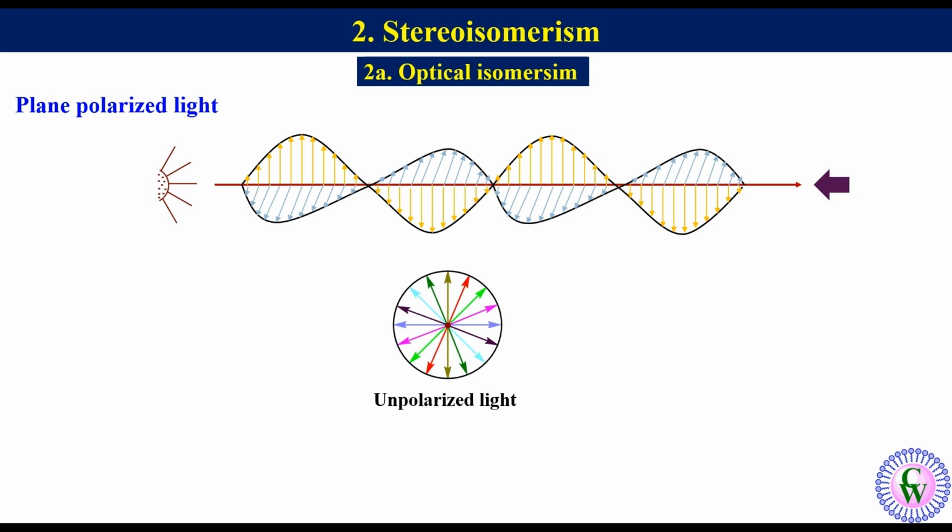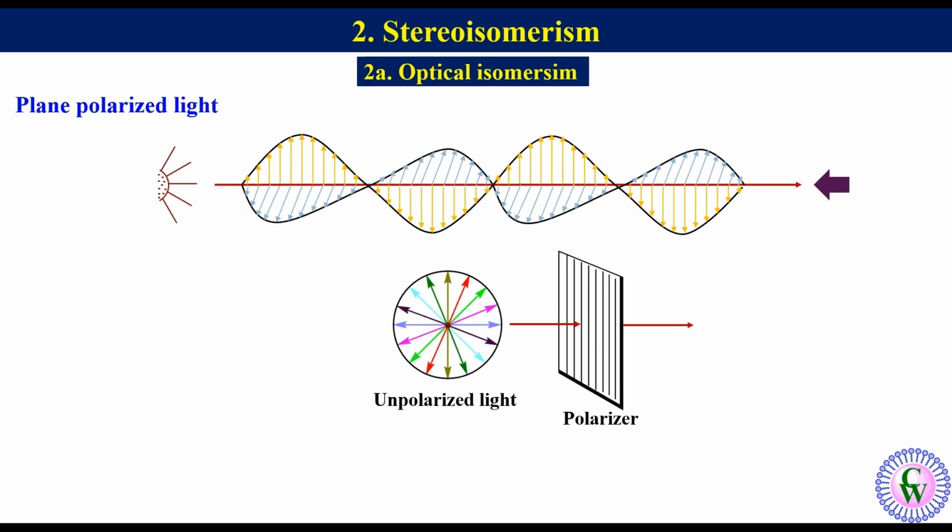When an unpolarized light is allowed to pass through certain devices called polarizers, the transmitted light has oscillation only in one plane. Rest of the oscillating vectors are not allowed to pass through the polarizer. The light which has oscillation only in one plane perpendicular to the direction of propagation of light is called plane polarized light.